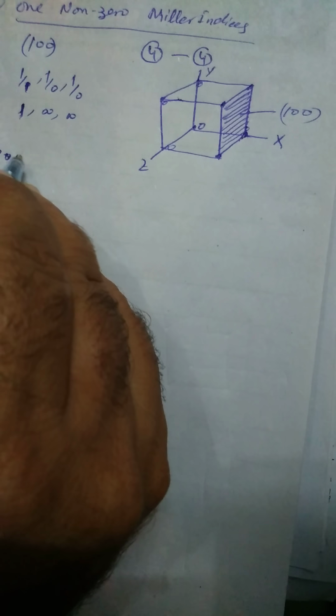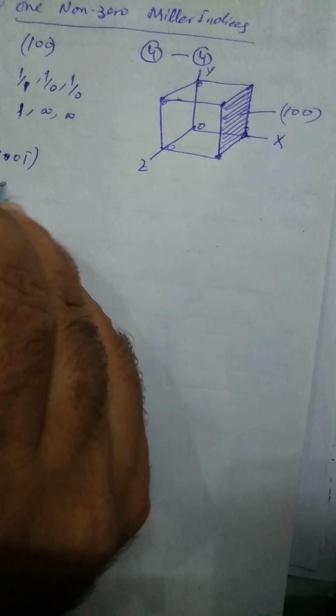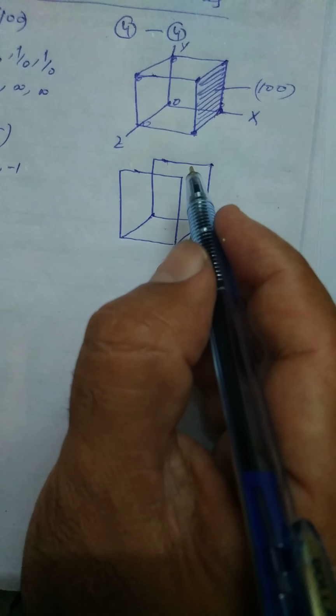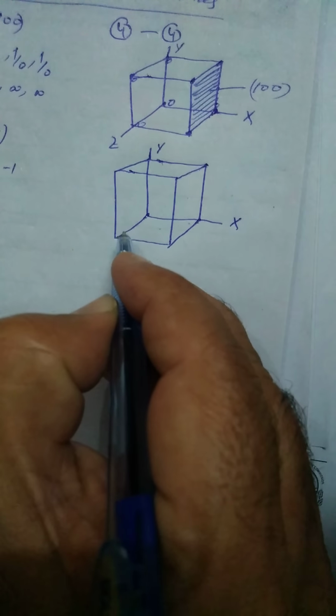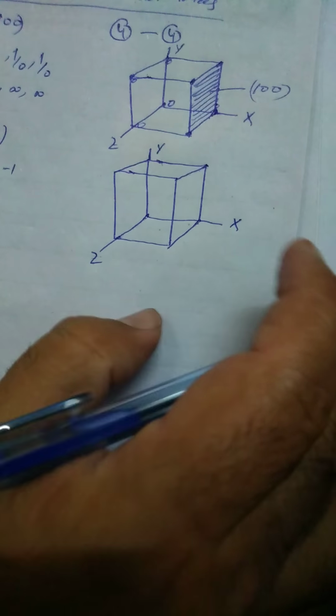If we have a bar on the indices, let's suppose 0 0 1 bar, then the intercepts are infinity, infinity, and -1. First of all, specify the axes x, y, and z. Then we have to move along the negative z direction.